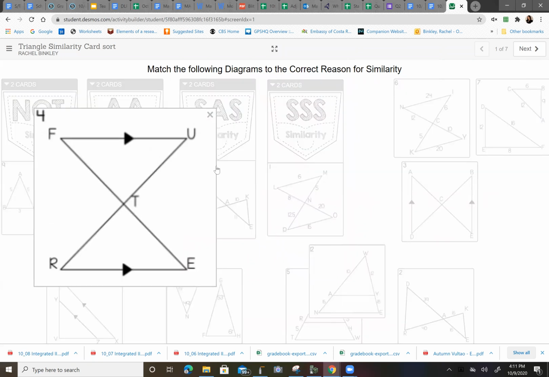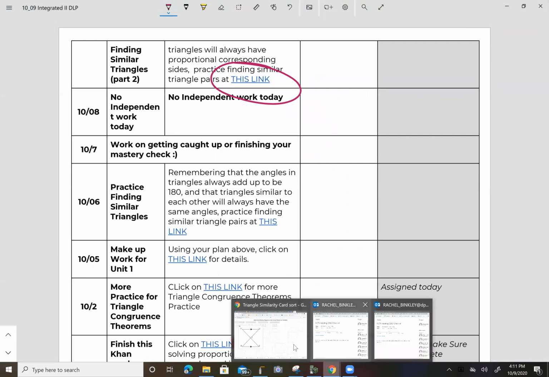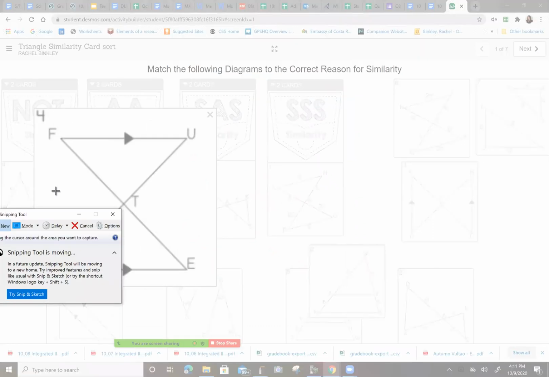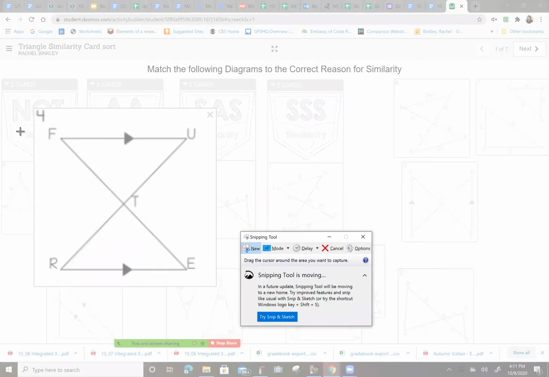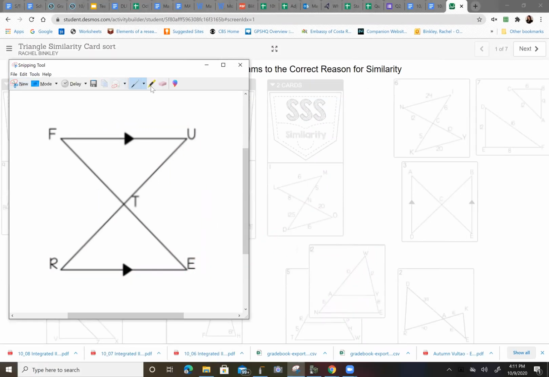And this last one, angle angle. As long as you know two angles in two triangles are the same, you know that those triangles are similar. How do we know there's no angles here, right? It seems to me that we don't really know anything, but we do know that FU and RE are parallel.